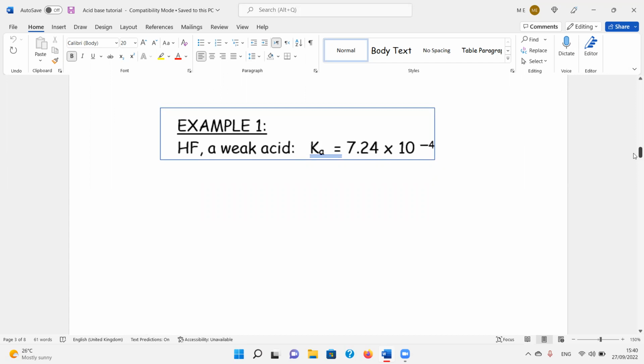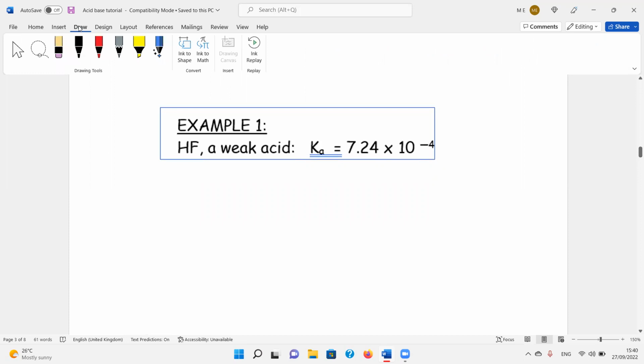The next thing here, we have a question. Well, obviously it's not presented in the form of a question, but anyway. HF, hydrogen fluoride, is a weak acid, and the Ka is given to you, and you are requested to find the pKa. So pKa you get from this formula: pKa equals minus log Ka.